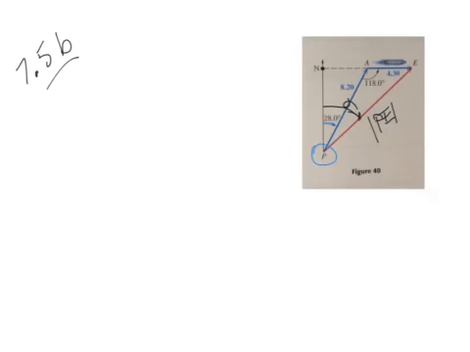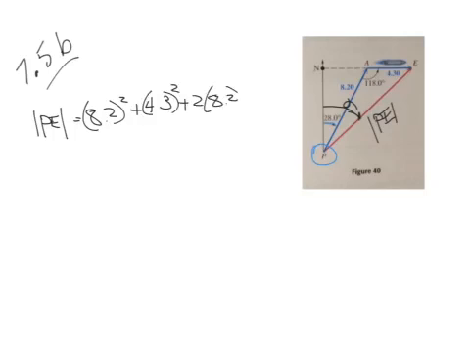So if we're looking for PE, that's going to equal 8.2 squared plus 4.3 squared plus 2 times 8.2 times 4.3, my decimal kind of disappeared there, 4.3, cosine of 118.